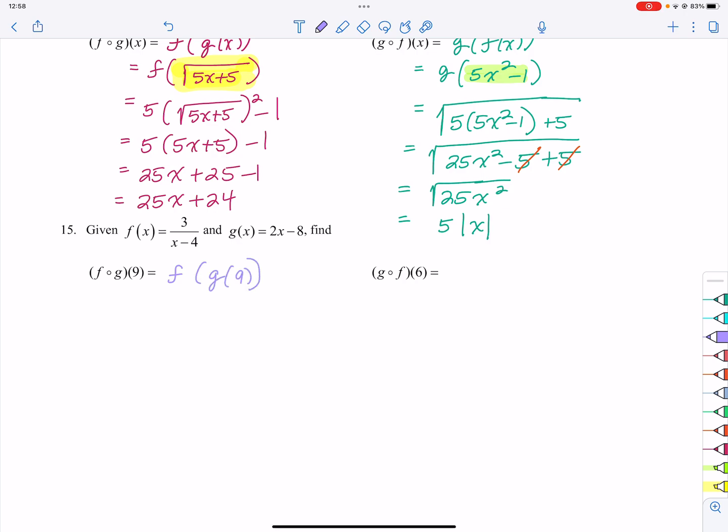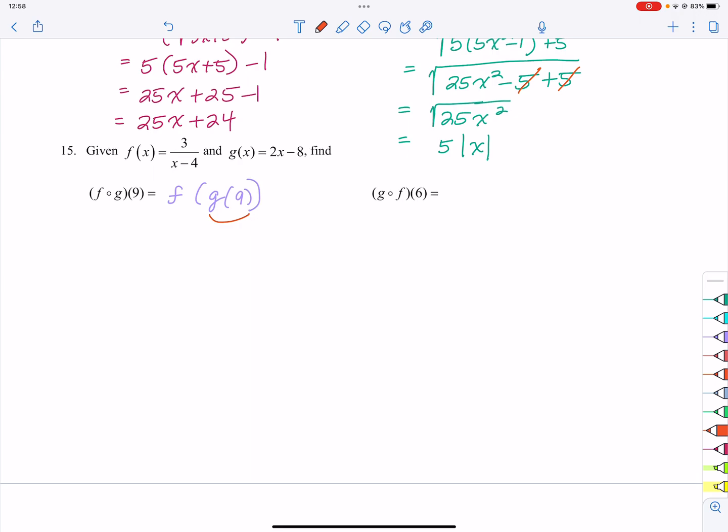So the first thing we want to do is go find g of 9. So I'm going to go down here and find g of 9. And that's 2 times 9 minus 8, and that's equal to 10. So now I'm going to find f of 10.